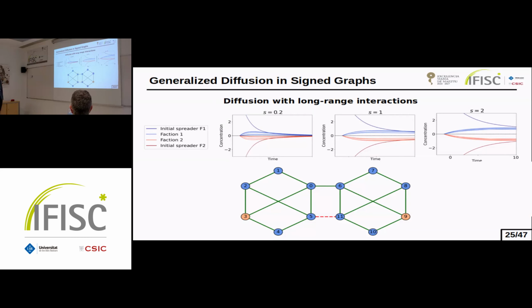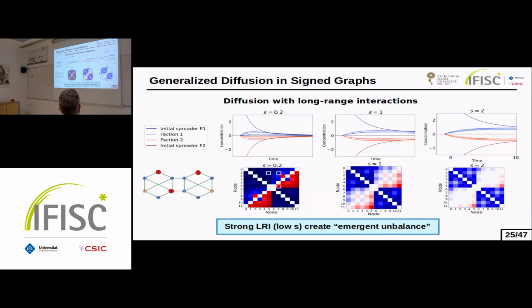In contrast, when we include the long-range interactions, so when we reduce the value of S, we reach the real stationary state. So the actual stationary state is recovered when including long-range interactions, for reasonable times. Why does this happen? If we look at the effective adjacency matrix, we see that there is some emergent imbalance.